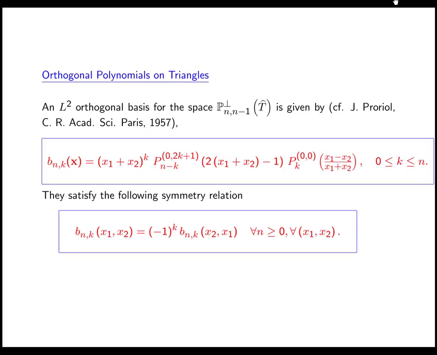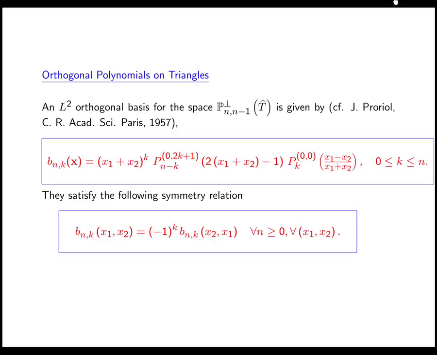Now, the first definition of L2 orthogonal polynomials was done in 1957 by Proriol, and you have this formula. You need these Jacobi polynomials and evaluate them at some argument, here a rational argument, and here somehow affine arguments.